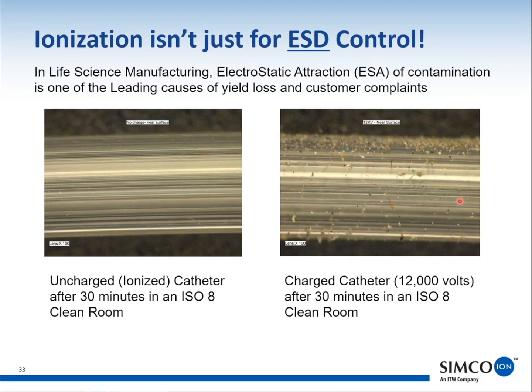So consider this your Tyvek cover or a catheter in this case with charge on it. You can easily charge it to 12,000 to 20,000 to 50,000 volts. It is pulling particles from as far away as a meter away in your room. And yes, your floor is that close. Both of these are done in an ISO 8 process. The only difference is that this item was charged to 12,000 volts, which is, again, very easy to do, and this item had no charge on it.